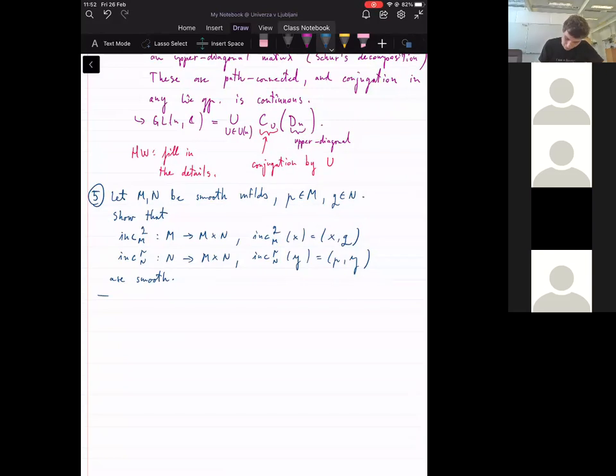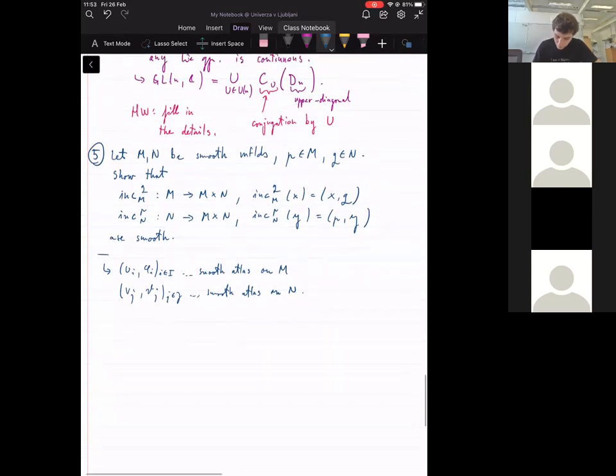So I would again write: let (U_i, phi_i), i in I, be a smooth atlas on M, and (V_j, theta_j), j in J, a smooth atlas on N. So what we need to check is the following.